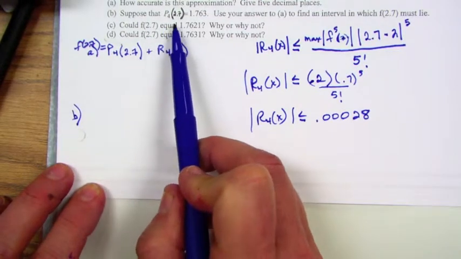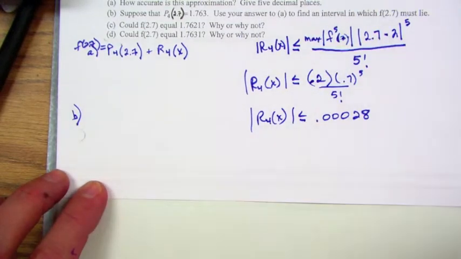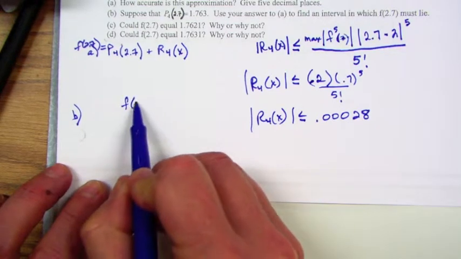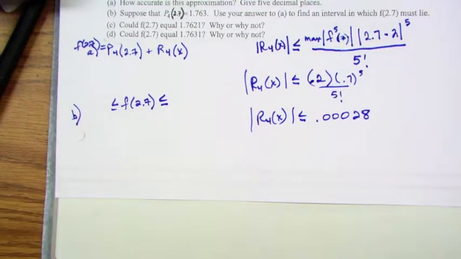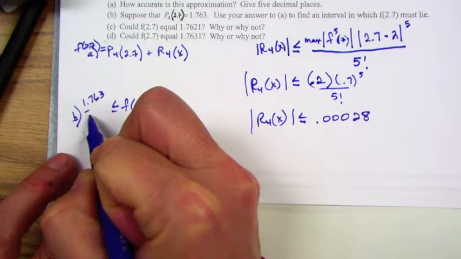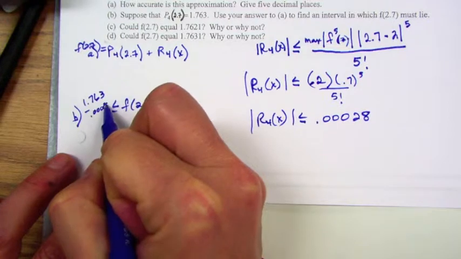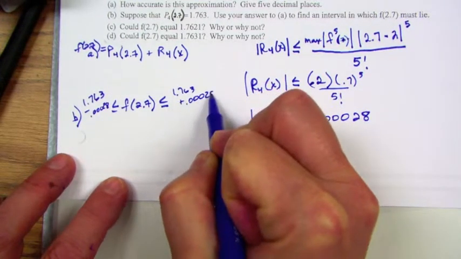Suppose that P of the fourth degree polynomial at 2.7 is 1.763. Use your answer in A to figure out where f of 2.7 must lie. Well, f of 2.7 would have to lie in between where? 1.763 minus that, or 1.763 plus that.